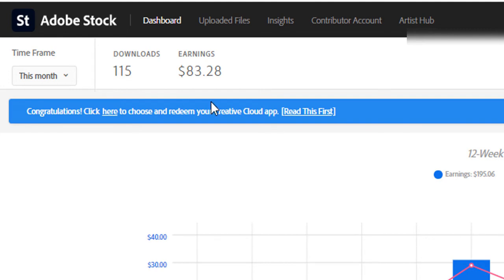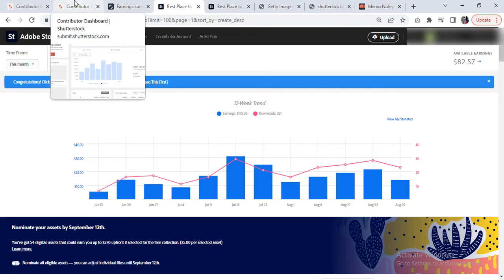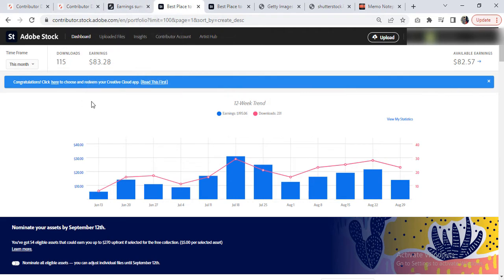Now obviously this is not as good as Shutterstock, but here I am selling the same designs, and not even the exact number, because in Shutterstock I have a very reasonably extensive portfolio. On the other hand, I am selling about 30% of the designs in Adobe Stock.